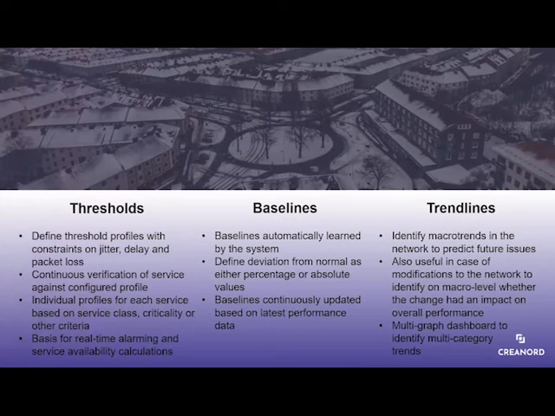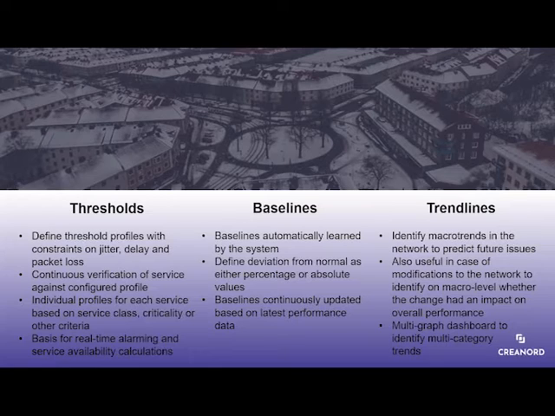So if we look a bit closer at these tools, you have the threshold profiles. Typically, you can set thresholds on the jitter, delay, and the packet loss. And then the system will continuously verify the service performance against these configured profiles. And you can define different profiles for each of the service classes, so that you can make sure that you are monitoring each of the different service classes based on their performance requirements.